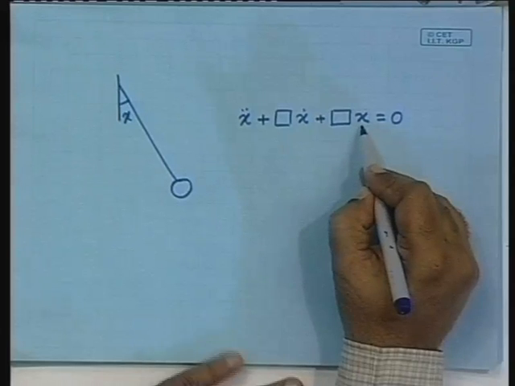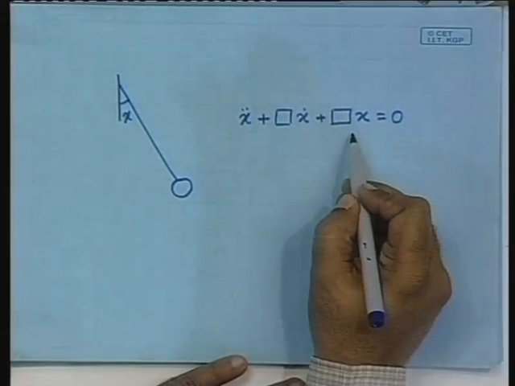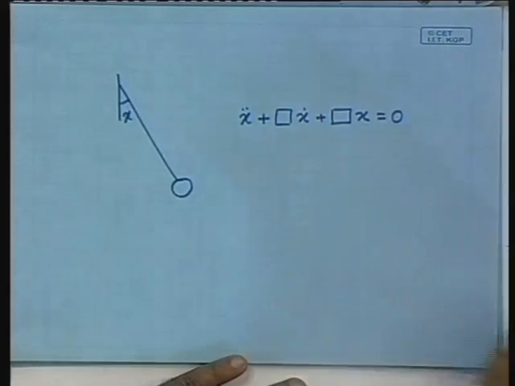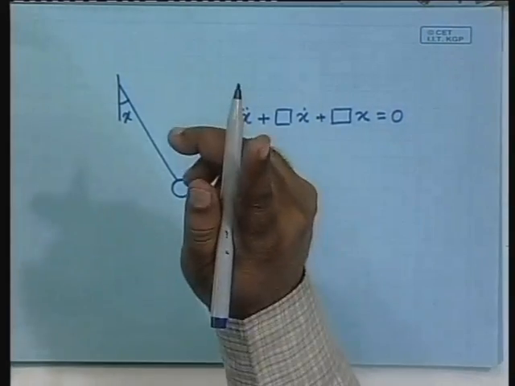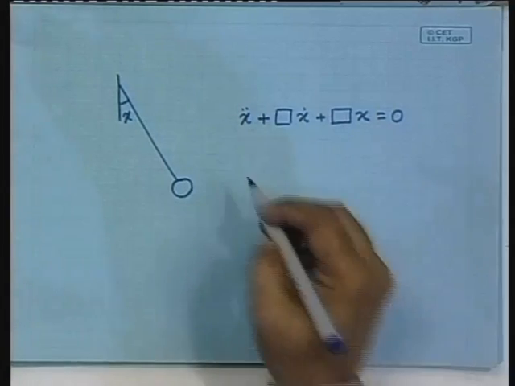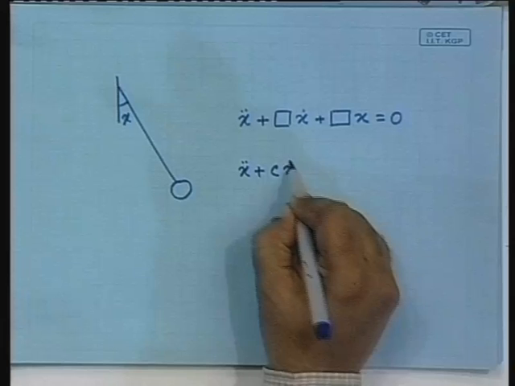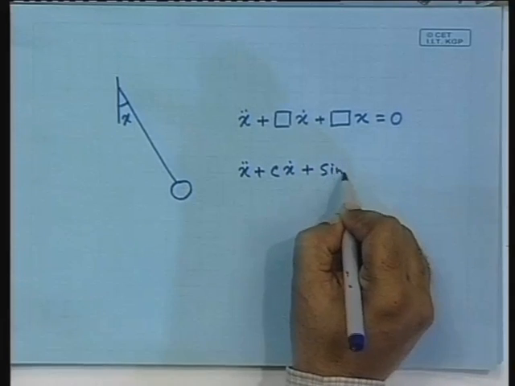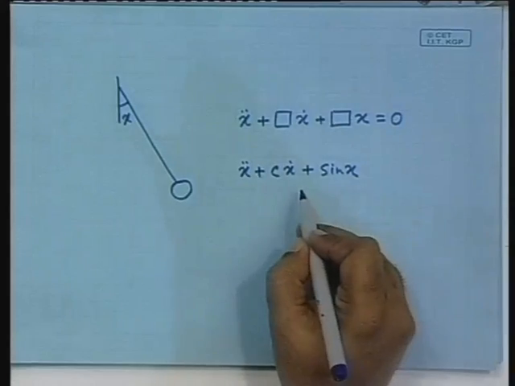this is actually the forcing term. This is actually the sin x term as we have already seen. So, let us write it this way: we have already seen that g by L sin theta term comes as x double dot plus c x dot plus sin x is equal to 0.